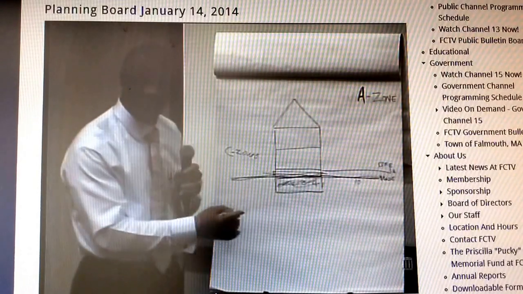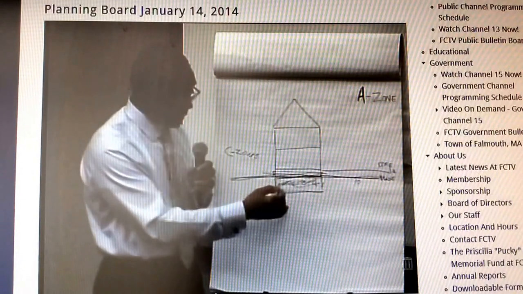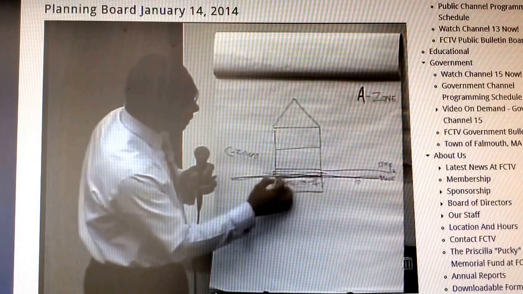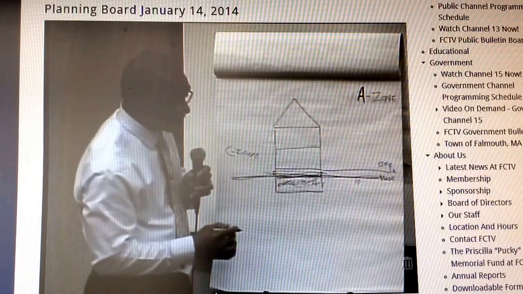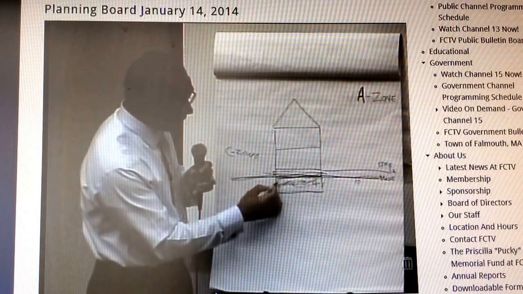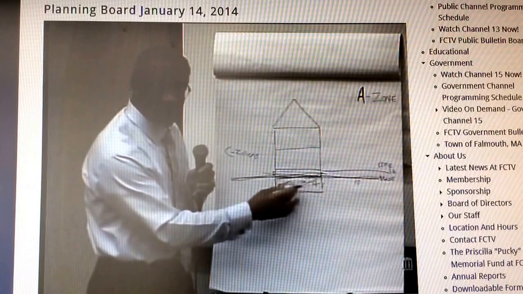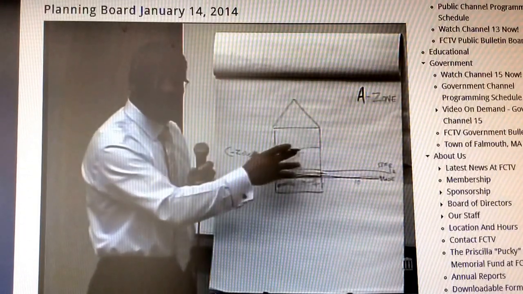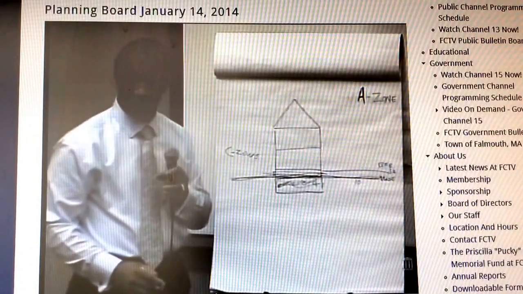It could have a basement and still be in a flood zone and not in compliance. So that's the situation if you're in an A zone. In addition to that, any mechanicals or electrical panels and all that would also have to be brought up so that they would be out of the base flood elevation.